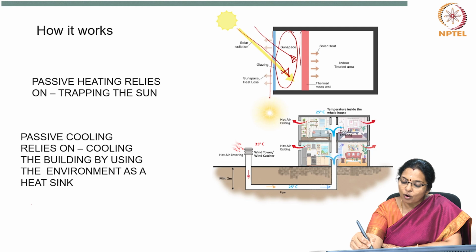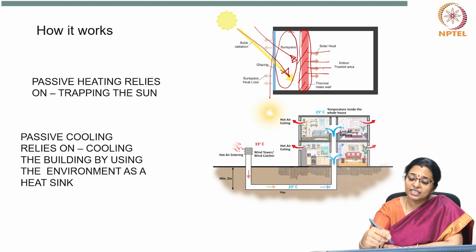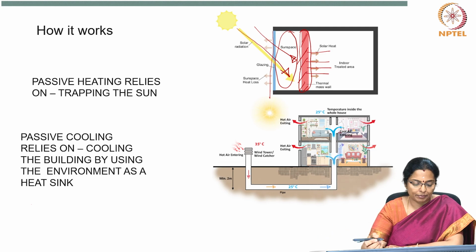This wall acts as a storage space for the heat. The heat is stored in this wall and this gets released to the indoors. This is how passive heating can happen.